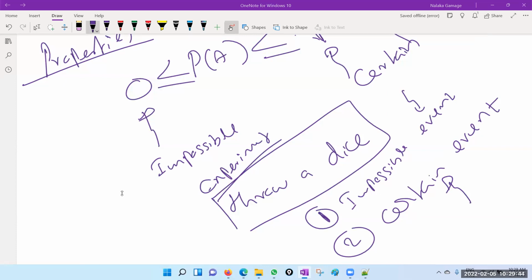No, getting an even number is not a certain event, because if you get 3, right? Getting an even number is not correct. I need an event where the probability is 1. I got one answer: getting a number between 1 and 6.